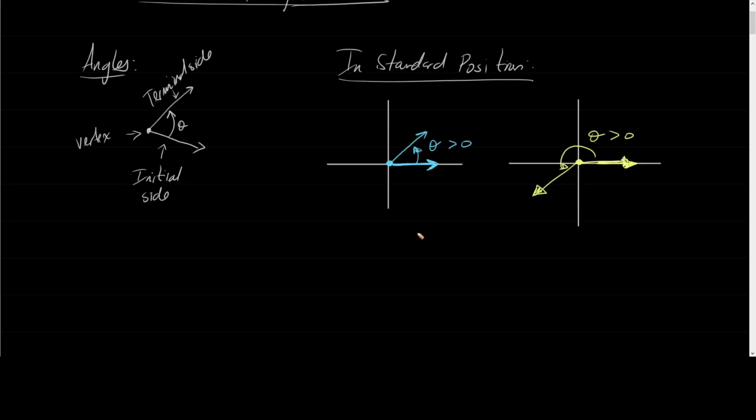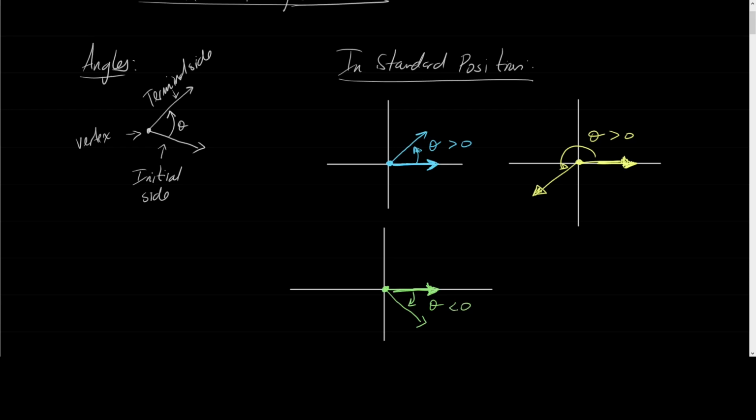Similarly, let's start our angle with our initial side on the positive x-axis, at our vertex. Now, we can talk about negative angles if we measure clockwise. So this theta, this angle, is less than 0.